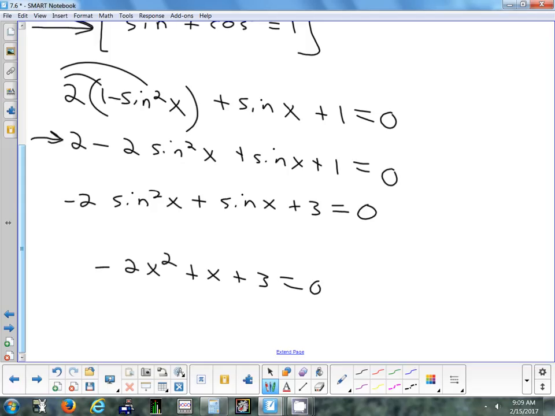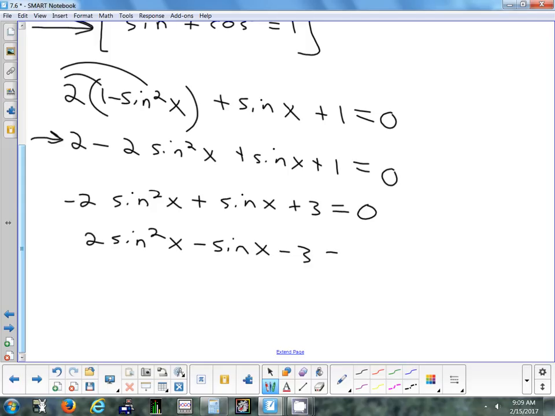We just don't like to have a negative with the squared term. So what can I do to get rid of that negative? It's okay if I have negatives in other places. You could factor it out or divide by negative 1. Just divide everything by negative 1, and all it does is this: 2 sine squared x minus sine x minus 3 equals 0. It changes the sign of everything. You don't have to do that, but generally when we factor, that's how we do it.